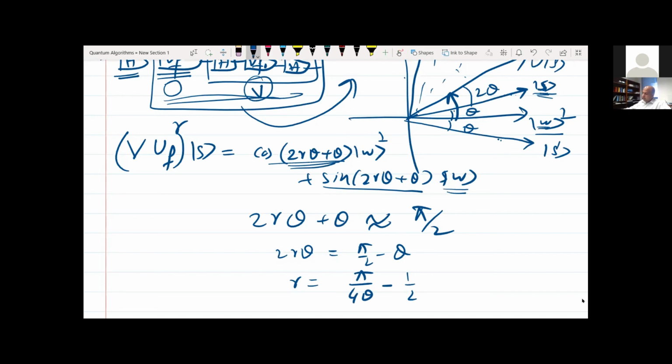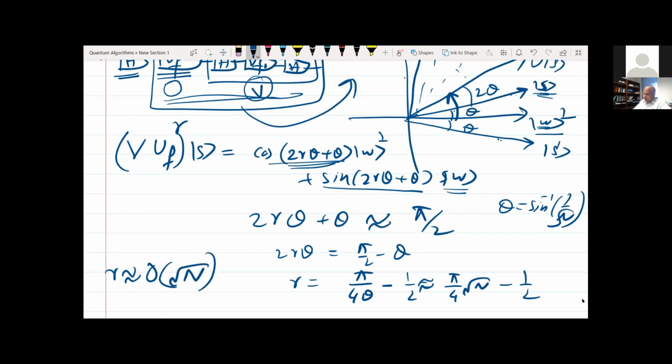And if you recall, theta was sine inverse of 1 over square root of n. So if I have this n large, then theta is approximately 1 over square root of n. So this becomes pi over 4 square root of n minus half. And we see that our R is of the order of square root of n.